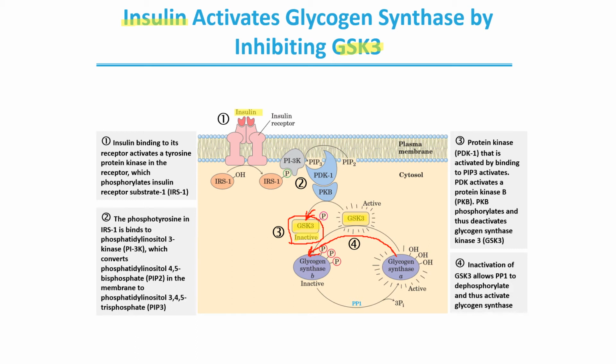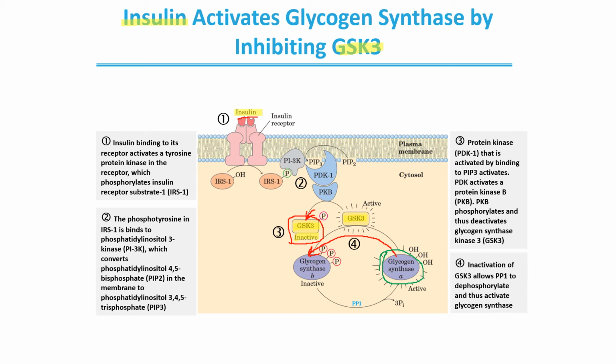Now if we can stop this GSK3 from functioning with the help of insulin, it means that the glycogen synthase will remain in the active form, and that is the whole purpose. Basically, we want this glycogen synthase to be active under the influence of insulin. GSK3 is making it inactive, so we stop the GSK3 with the help of insulin by making it inactive, as we can see here.